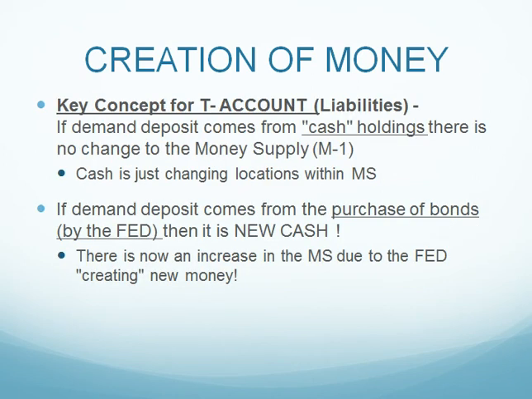The basic concept for a T account is liabilities. So if demand deposits come from cash holdings, there's no change in the money supply. Cash is just changing locations within the money supply. If demand deposits come from the purchase of bonds by the Fed, then it's new cash. There is now an increase in the money supply due to the Fed creating new money.